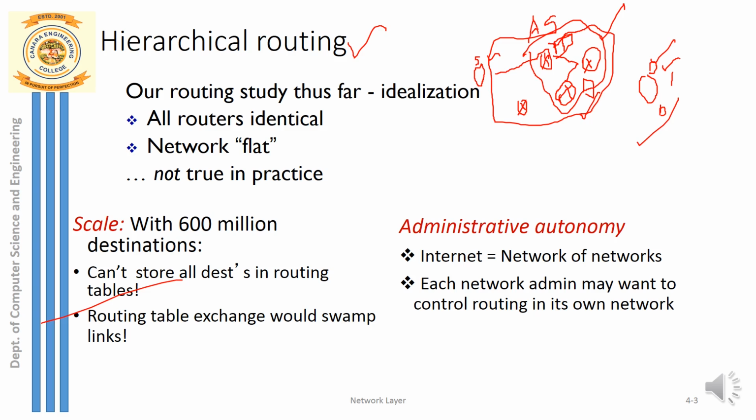Each such group follows the same protocol and the same algorithms, so all these routers behave similarly. Instead of maintaining individual routers, we maintain a group of routers, which we call an autonomous system. This is hierarchical routing.